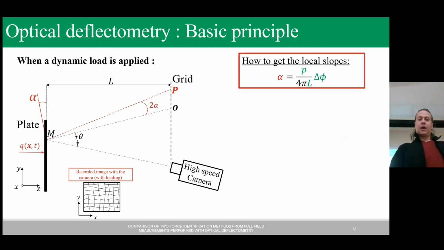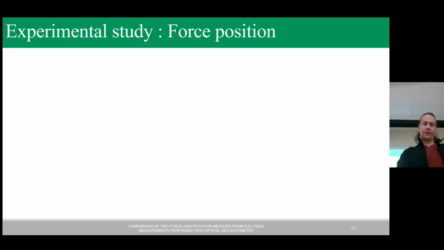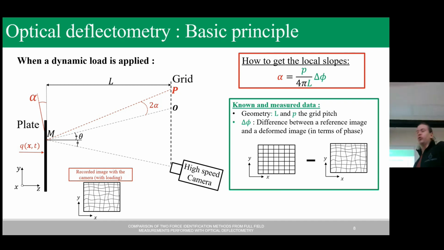So now we have some recorded images when the load is applied, and how do we get the local slopes from there? We use this formula which links the local slopes to some geometrical parameters: the distance between the grid and the plate and the grid pitch also.